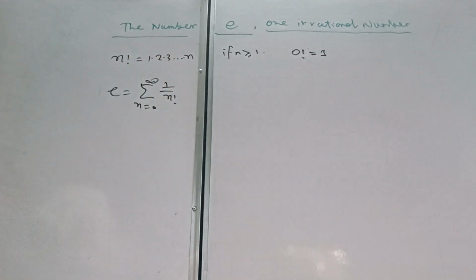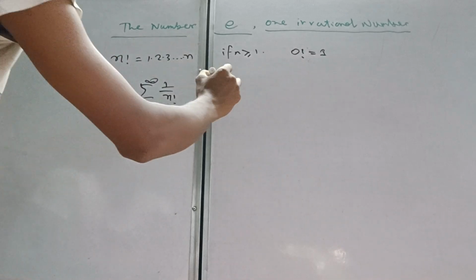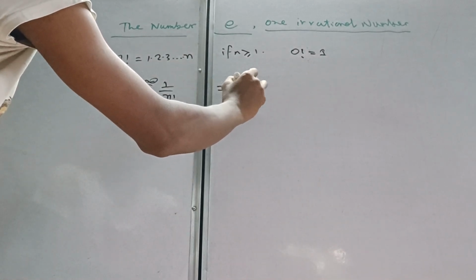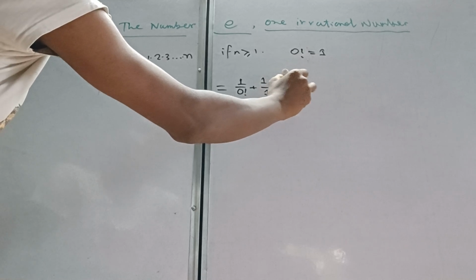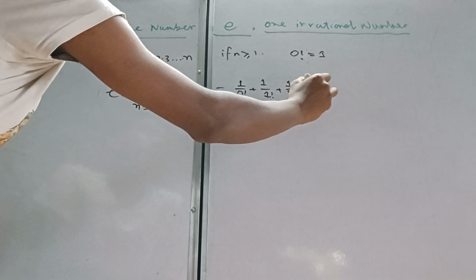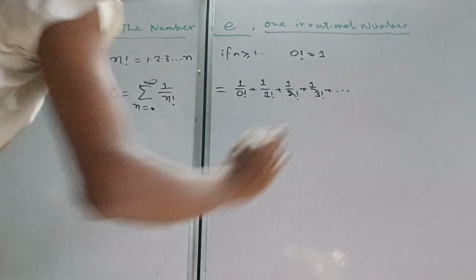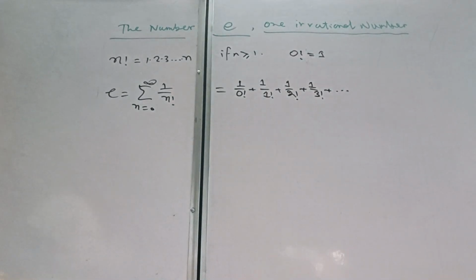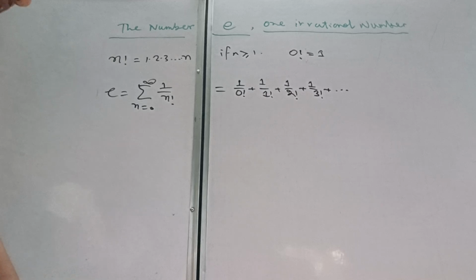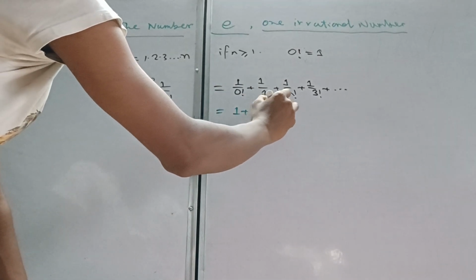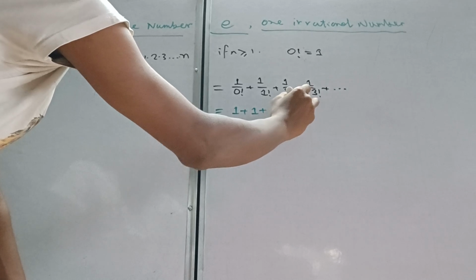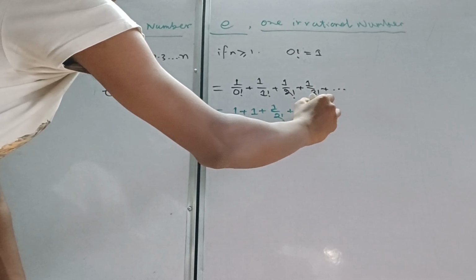That means we think of this as 1 by 0 factorial, 1 by 1 factorial, 1 by 2 factorial, 1 by 3 factorial, and so on. Then we write this as 1 plus 1 plus 1 by factorial 2, 1 by factorial 3, and so on.